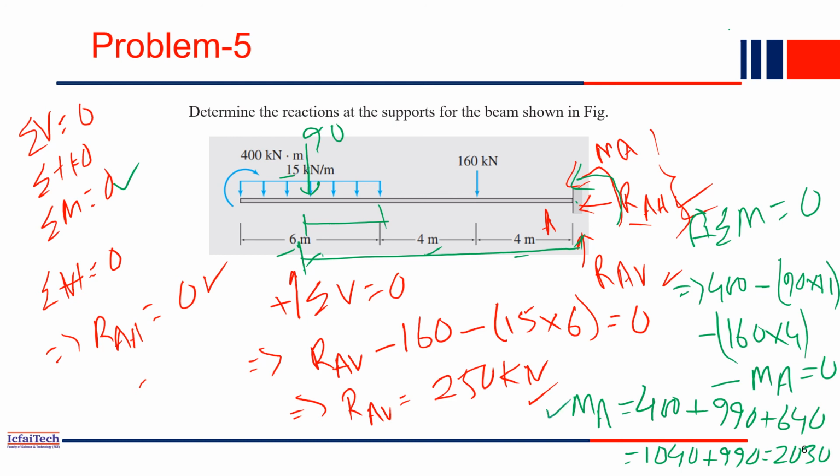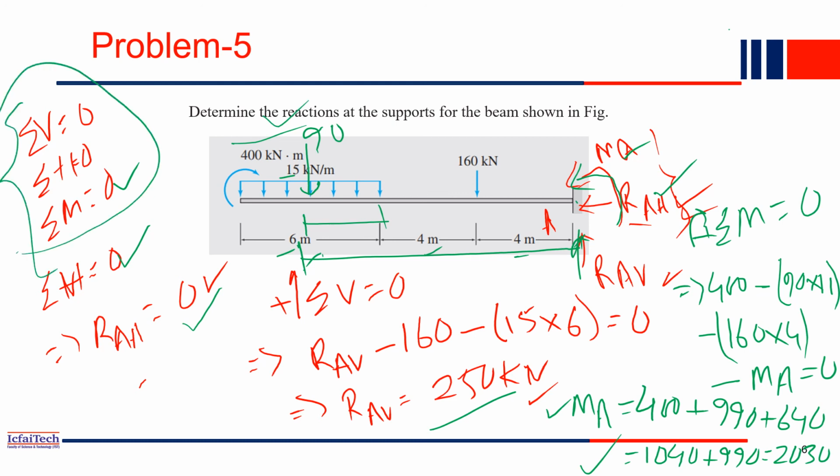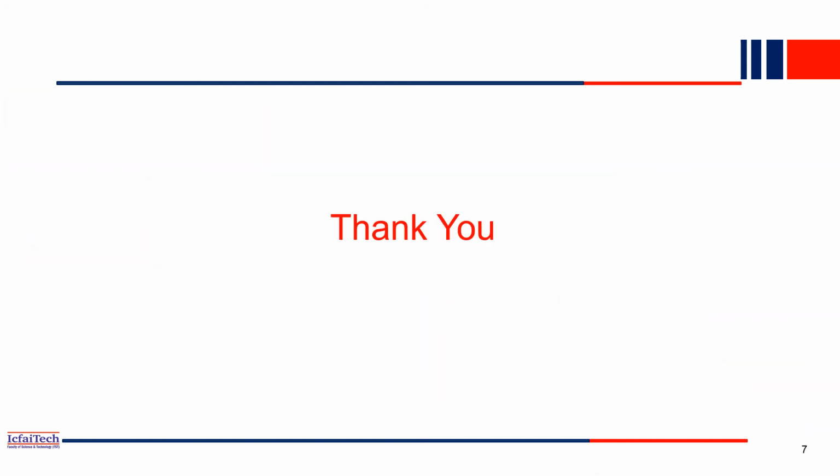So that much is the moment. So all these three parameters we have computed now. RAH, the horizontal force is 0, that's what we computed here. And next RAV also we computed, the vertical one, and the moment also. So all the reactions we computed. So like that, using the equilibrium equations, basically you have to find out all the reactions. Thank you.